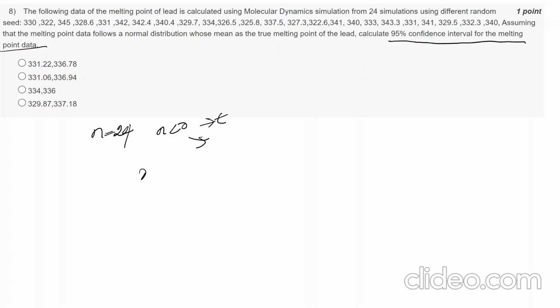The sample mean is x bar equal to 1 by n into summation i equal to 1 to n of x i. I have already calculated these values. The average mean which I got is 334.